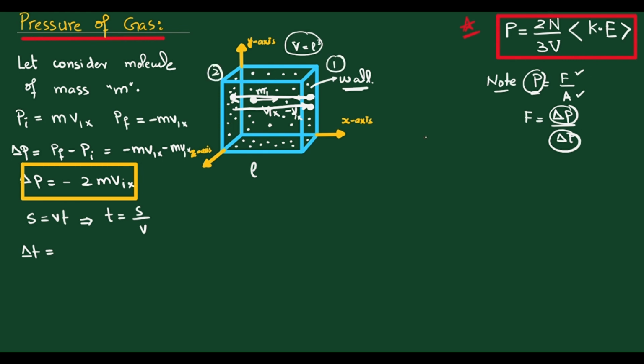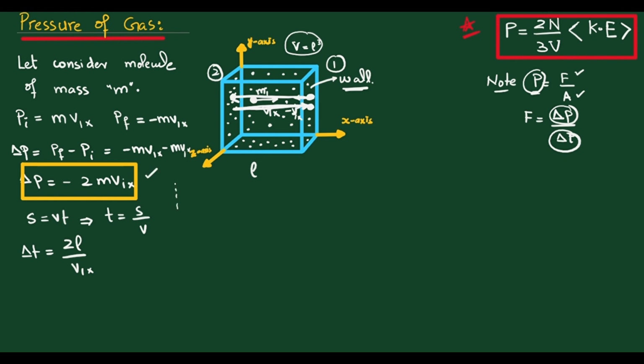The molecule goes from wall 1 to wall 2 and then comes back to wall 1, so the total distance traveled is 2L, and its velocity is v1x, considering only the x direction. This is the time and this is the momentum.